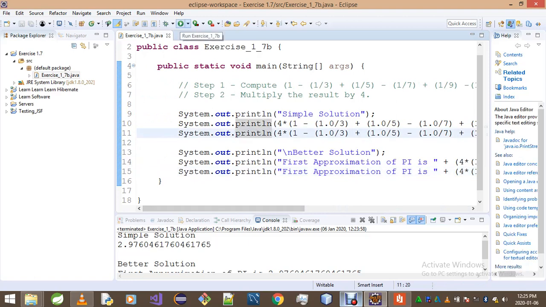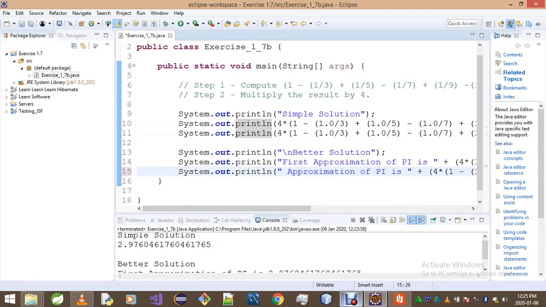Let's run it again. Oh, let's put second, because this is actually our second approximation.